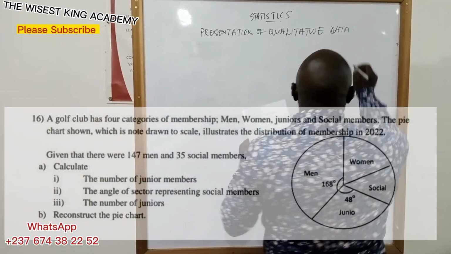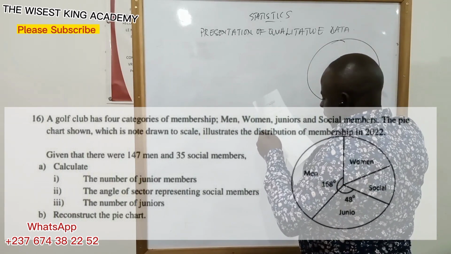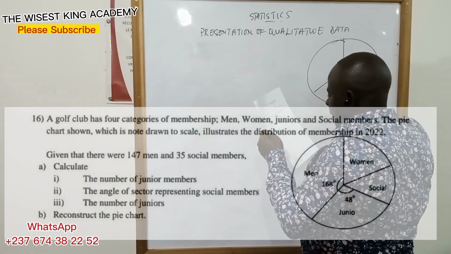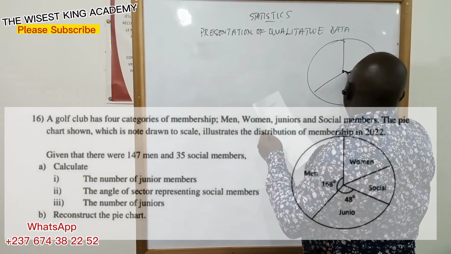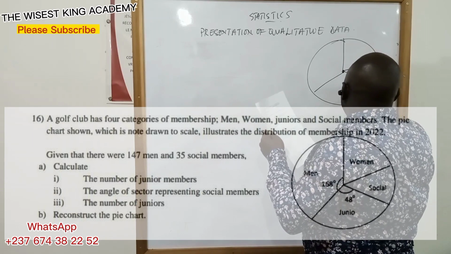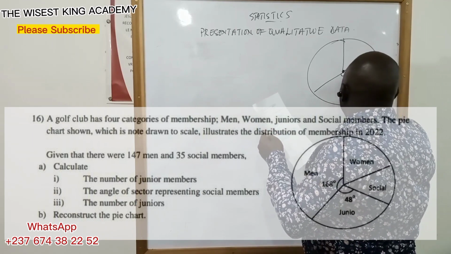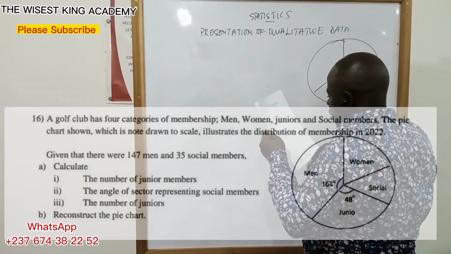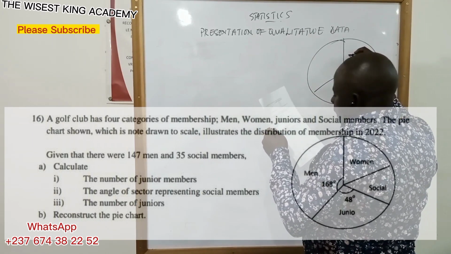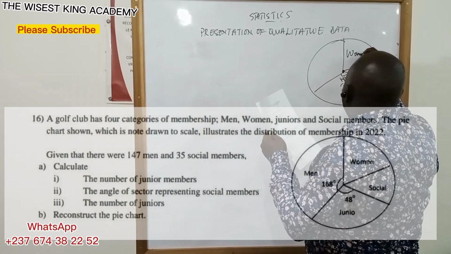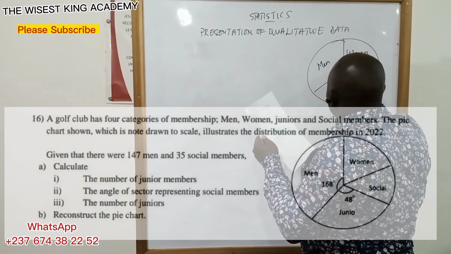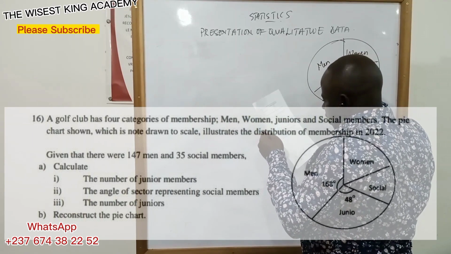This is the pie chart. This is social. This is 48 degrees, which is junior, women, men, which is 168 degrees.